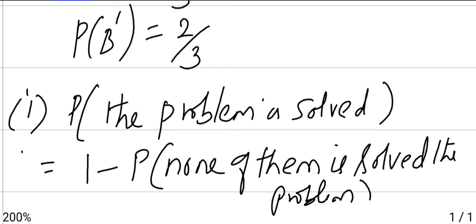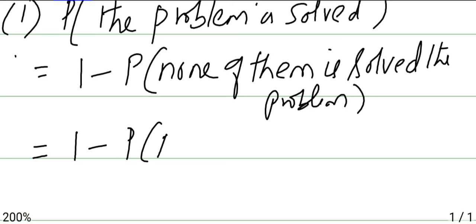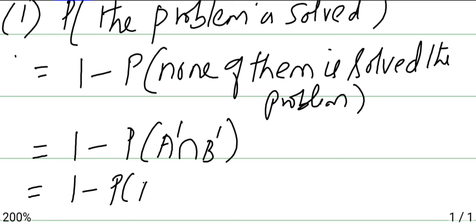The reverse of the problem being solved is 1 minus P that none of them solve the problem. None of them solving the problem is written as neither A is solving nor B is solving. So none of them solving the problem will be A dash intersection B dash. Since they are independent, we get 1 minus P of A dash times P of B dash.